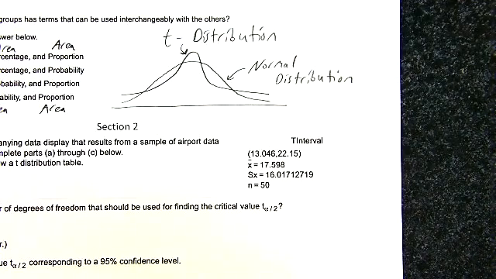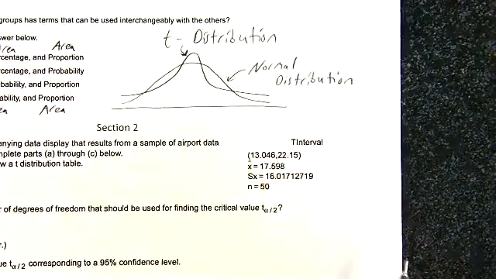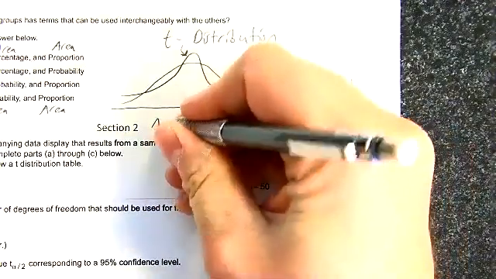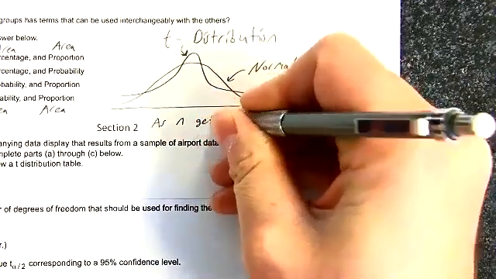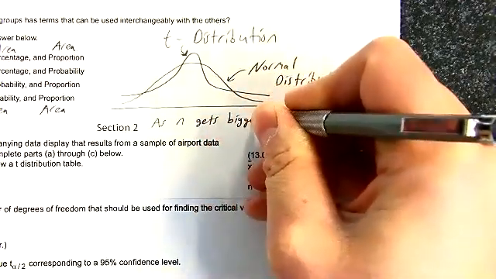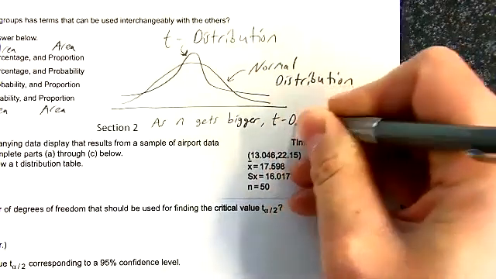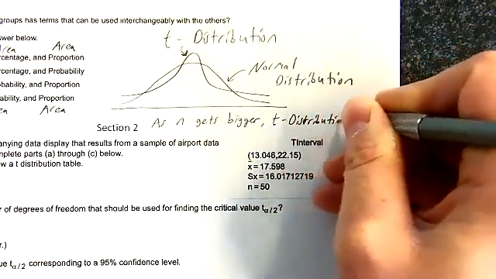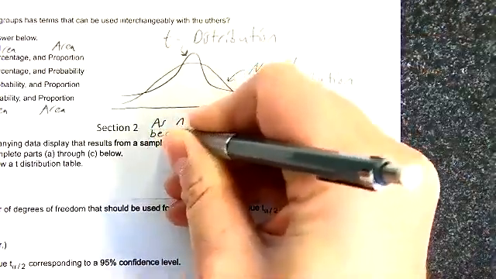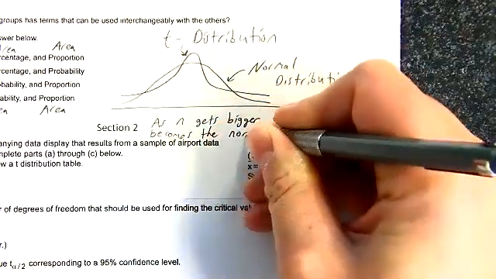But we're going to learn in this section that the T distribution depends on sample size. In fact, as the sample size n gets bigger, the T distribution becomes the normal distribution.